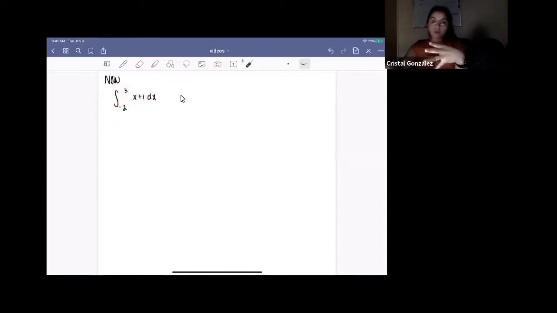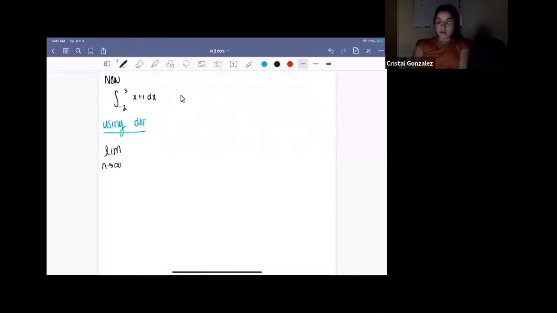Of course, we can do it using the definition. So let's go ahead and practice using that definition. I'll do it quickly. Using the definition, we would write that this is going to equal the limit as n approaches infinity of the sum from i equals 1 to n of f of xi delta x. Now to find delta x, we need to find the width.